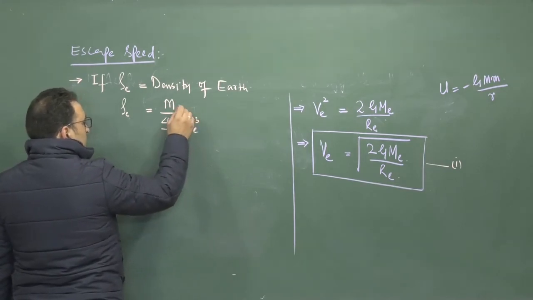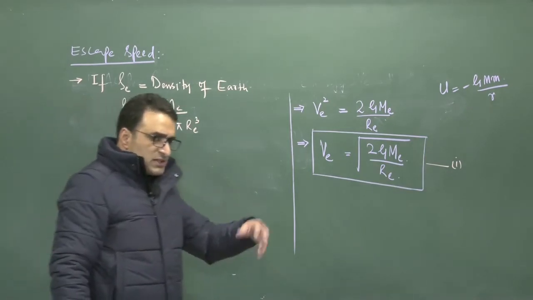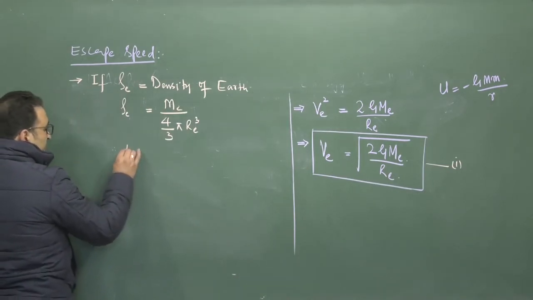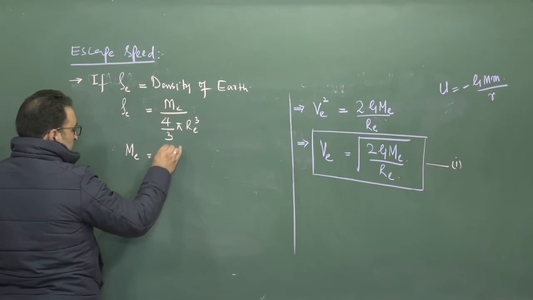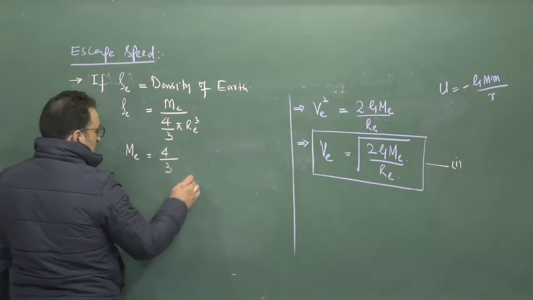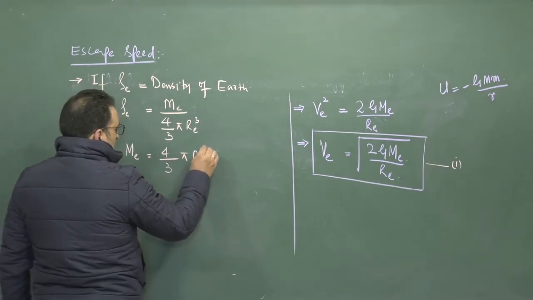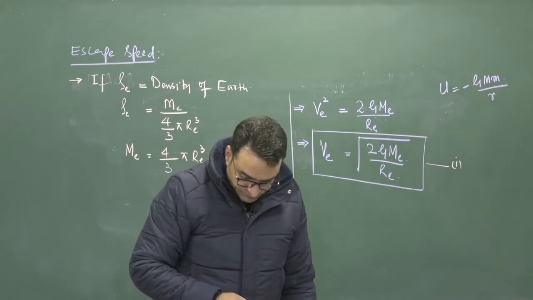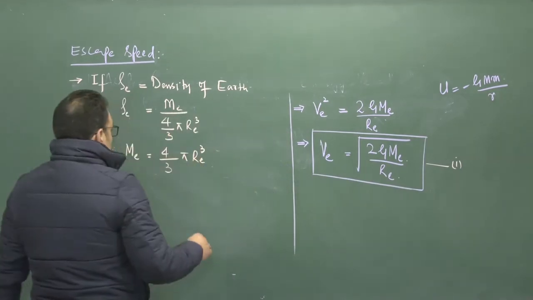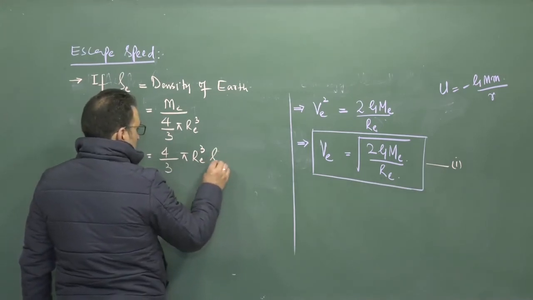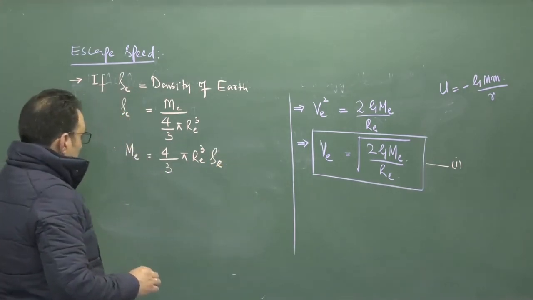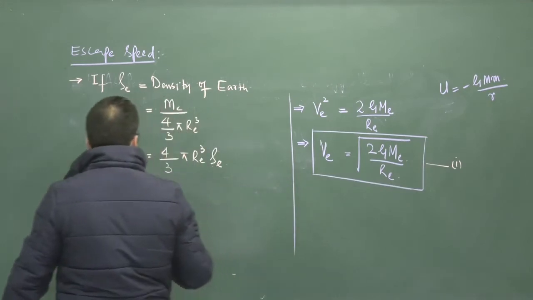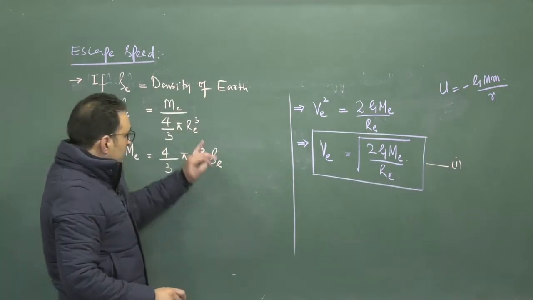I will write R_E cube here, since the Earth is treated as a sphere. Therefore, M_E equals 4 by 3 pi R_E cube into rho_e. Now, instead of M_E in equation 1, let me write 4 by 3 pi R_E cube rho_e.